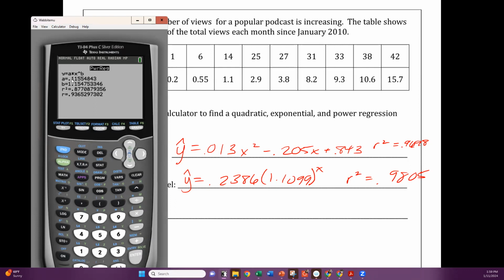So for power, we end up with these values. The difference with a power and exponential is that the power is telling you what is the best power, like quadratic, square, things of that nature. Whereas exponential, your variable is the power, remember? So these are our values.